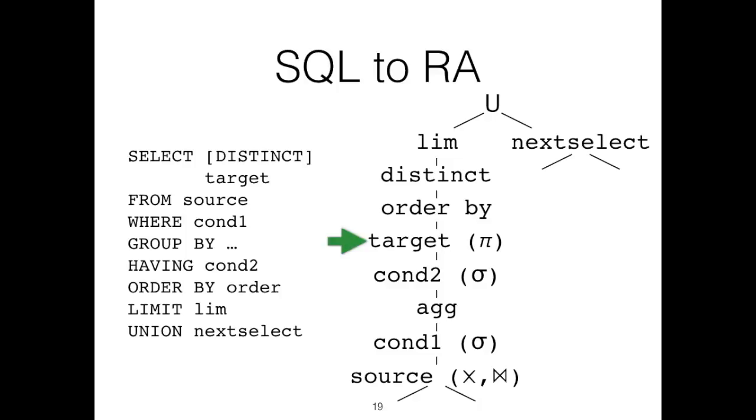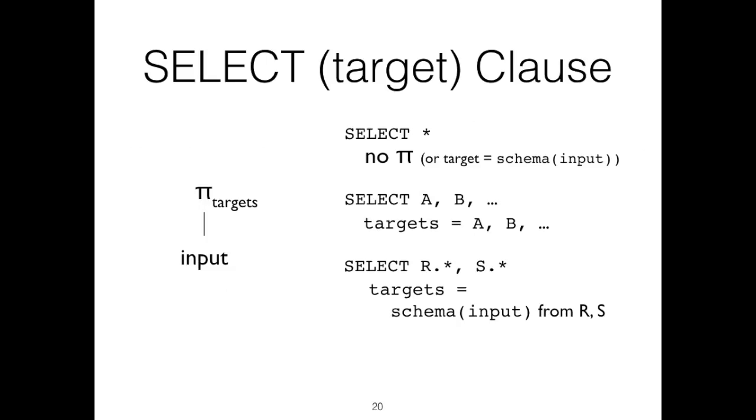Okay, the next thing is the target clause, the target list. This is another case where SQL has a lot of different corner cases, many of which are hard to just interpret inline, and why we like converting things to relational algebra. So the big thing here is wildcards.